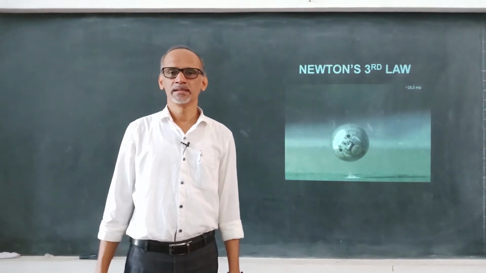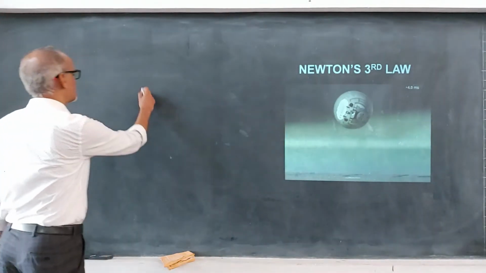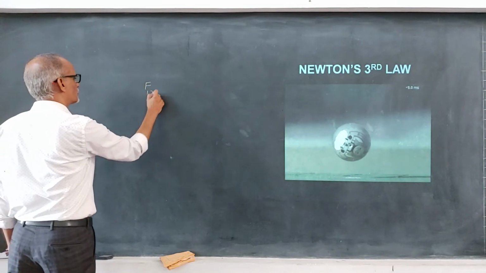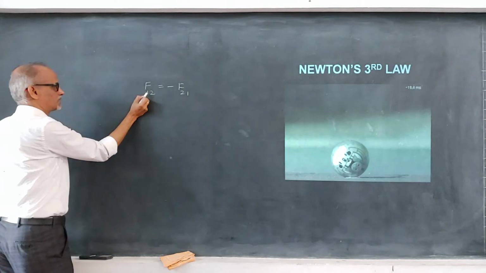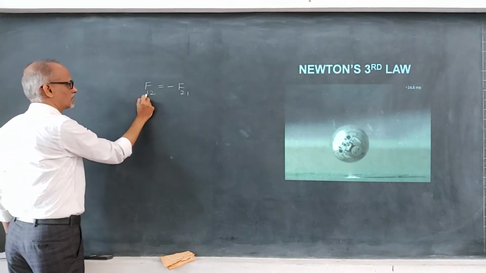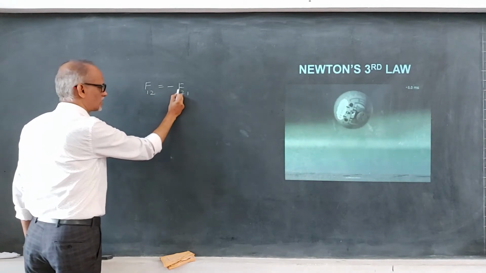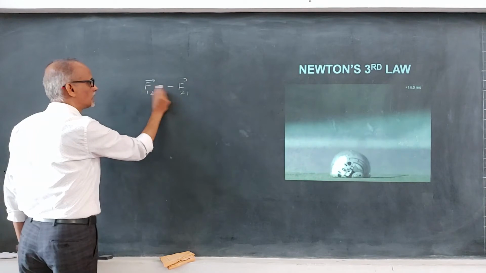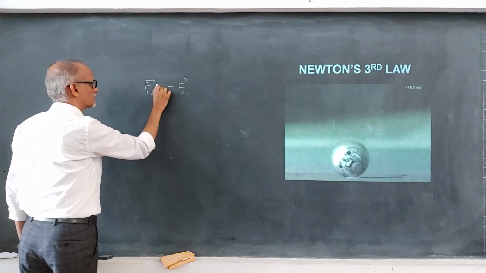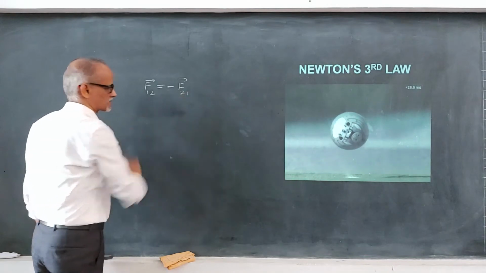So this is our illustration for Newton's third law, where we can write: F12 is equal to minus F21. The force exerted by the first body on the second is equal and opposite, the minus sign indicates opposite, to the force exerted by the second body on the first.